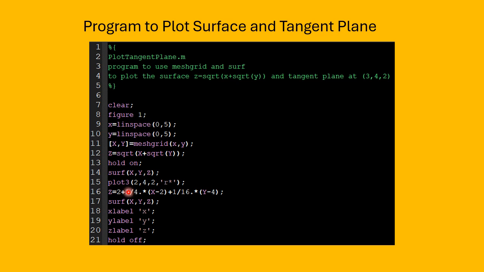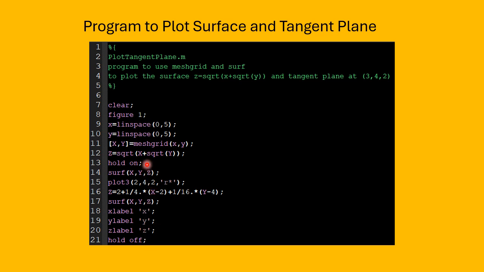So we could have just had 1/4 times x minus 2, and we could have also gotten rid of this dot here. Then surf x, y, z will make a plot of our tangent plane. On the axes, we'll put labels of x, y, and z, and then hold off.